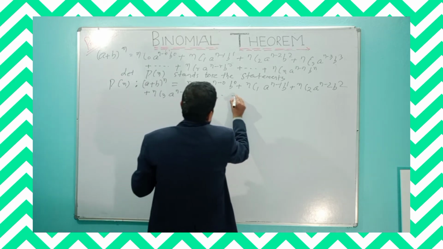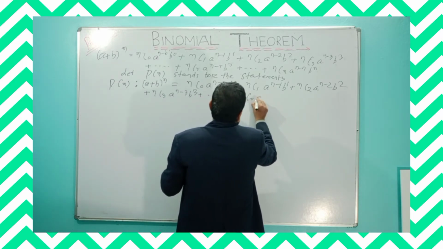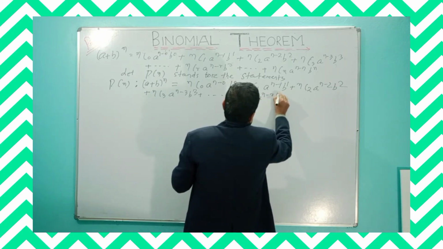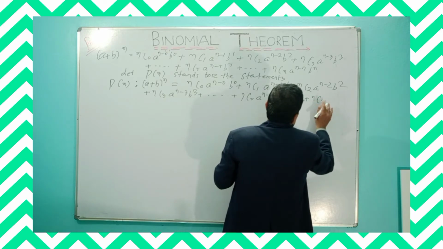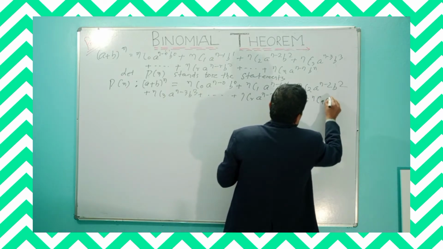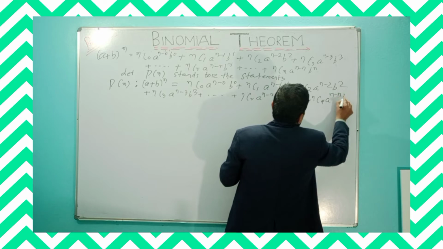In a similar manner, nCr a^(n-r) b^r, and the last term is nCn a^(n-n) b^n.